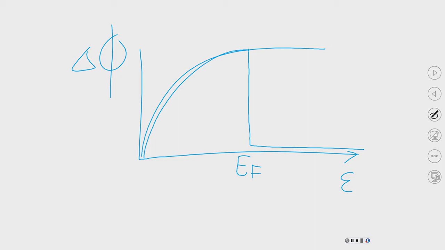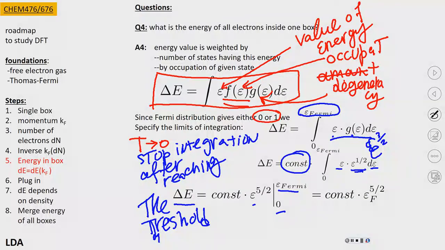We need only to take into account occupied orbitals with given density of states. So this is the protocol.